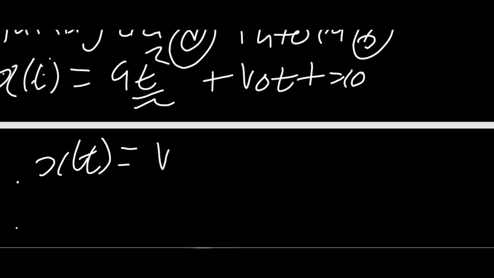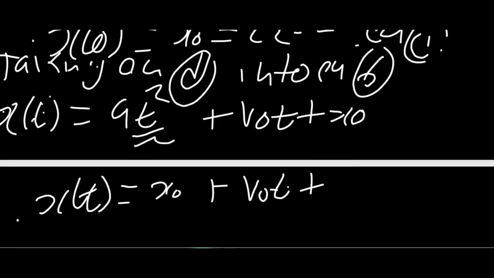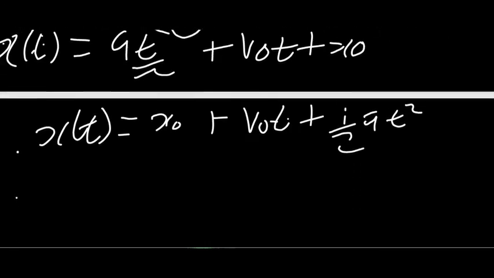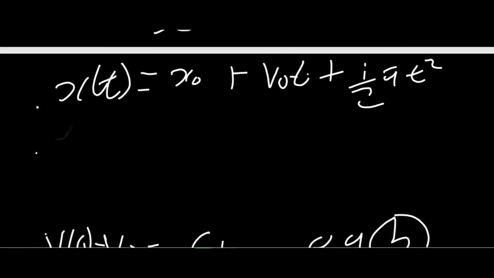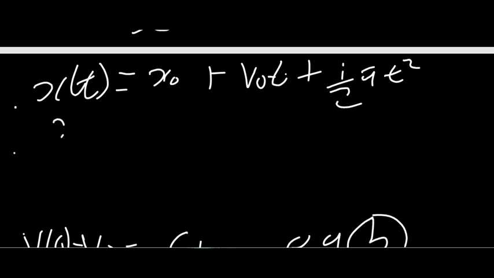Okay. So from this equation, we have this equation, but you can write this as x naught plus v naught t plus 1 over 2 a t squared. Now, you know this equation. You've been seeing this equation.